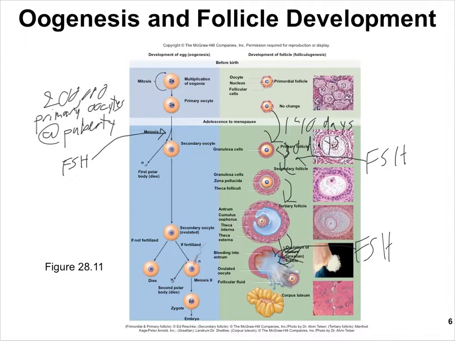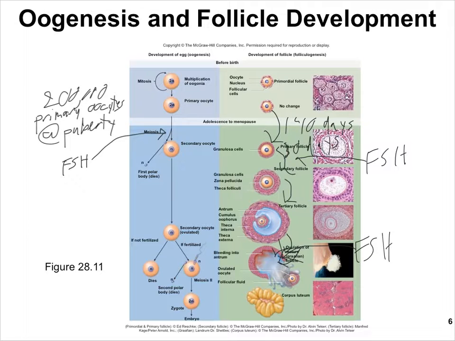All of the ones that were rejected, that aren't going to be selected, they don't accumulate FSH. This happens about 20 days before ovulation, which is late in the previous menstrual cycle.